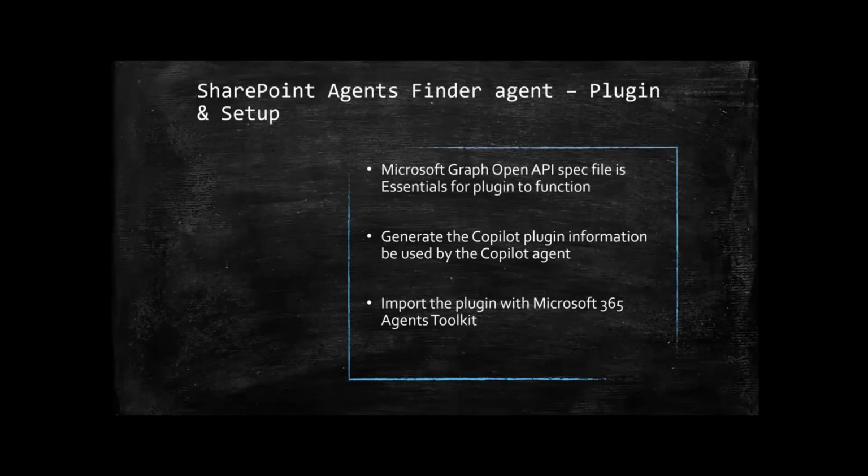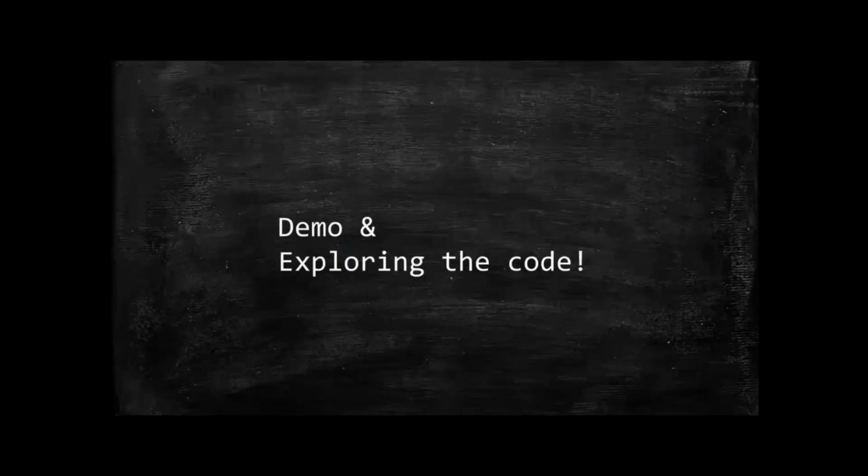We'll show you that in a few minutes. And once we have the generated Copilot plugin, then we should import it with the Microsoft 365 Agent Toolkit in order to be used in our agent. Let's go to a quick demo and explore the code.